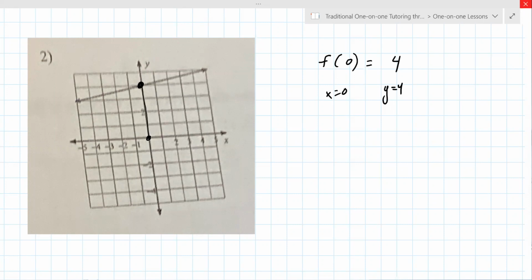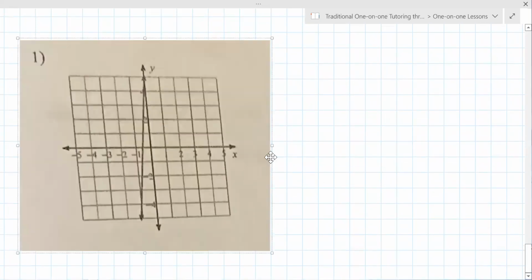Try another one here. All right. Okay, so what is f of -1? F of -1, please. I guess it would be like 2/3.